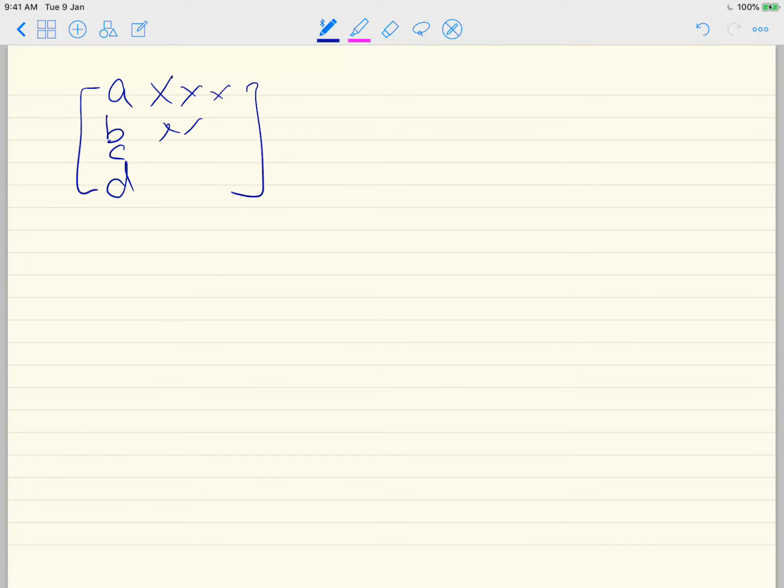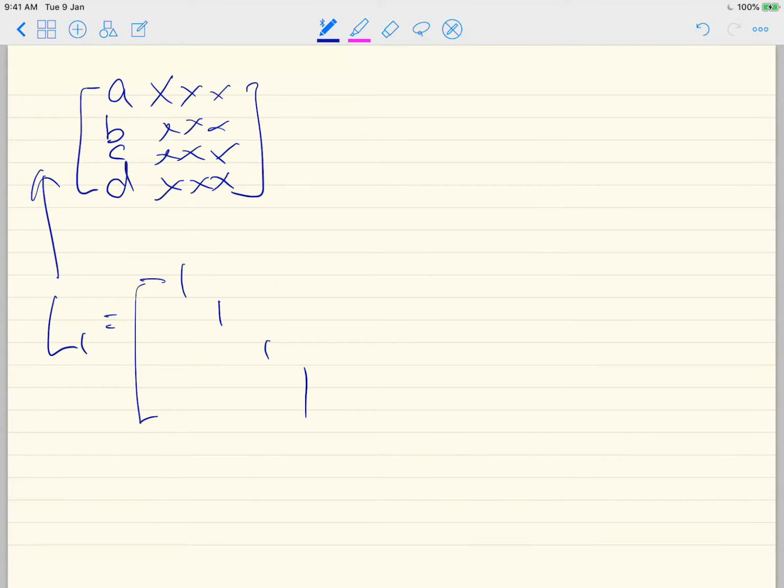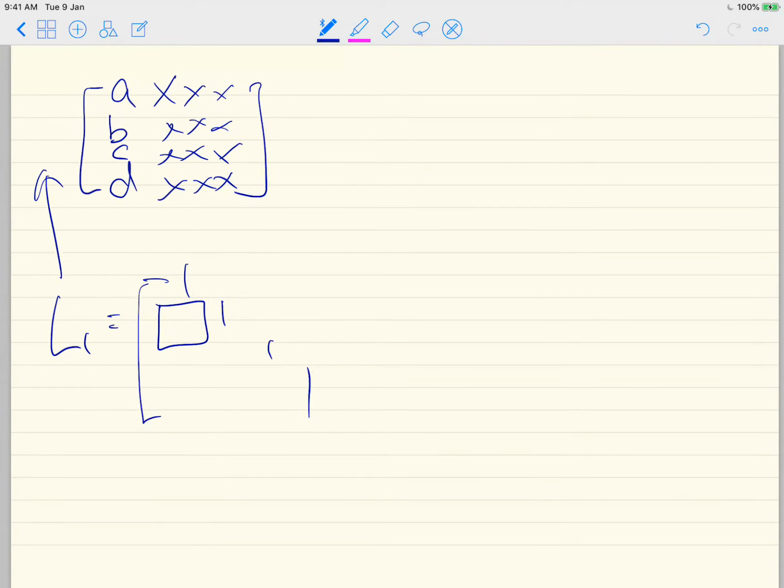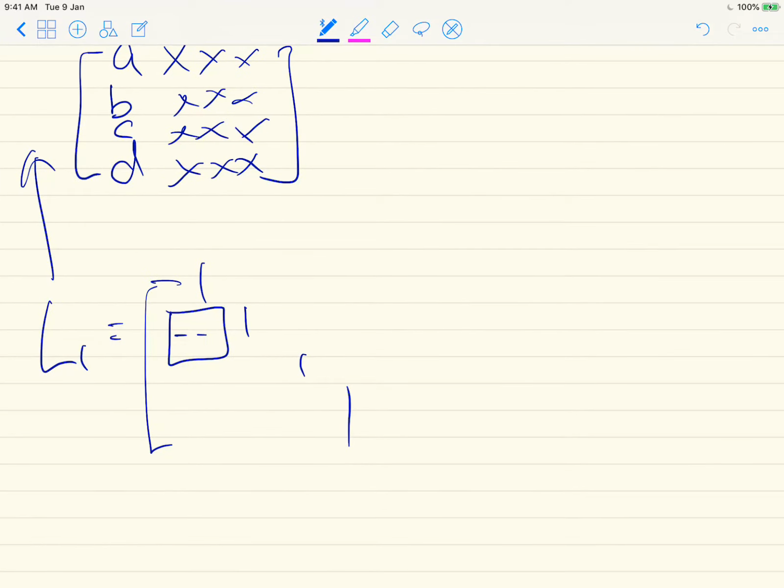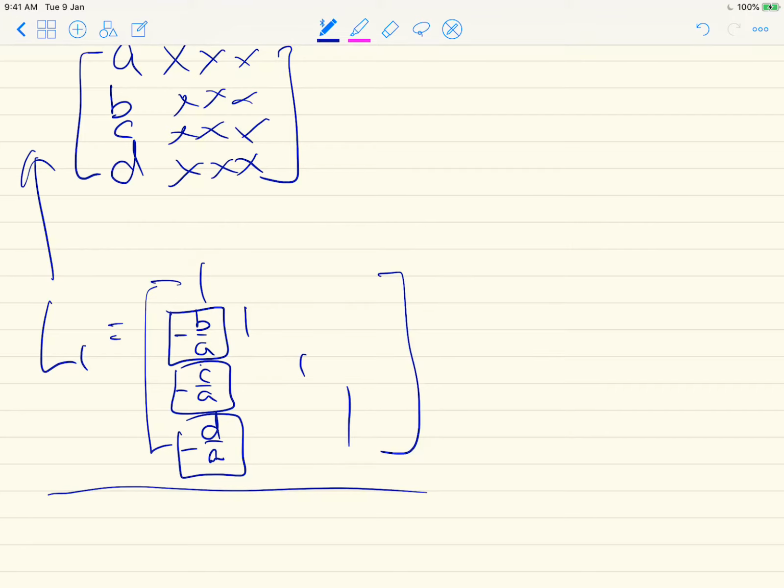So in general, if we generalize this process, let's think of this kind of matrix as our input. The corresponding L1 should be like 1 1 1 1, and in this place it is negative b over a, negative c over a, negative d over a. So using this linear combination of the rows, this one is our L, right?